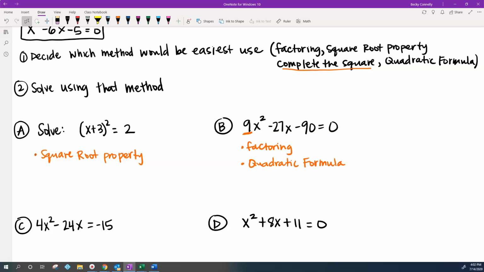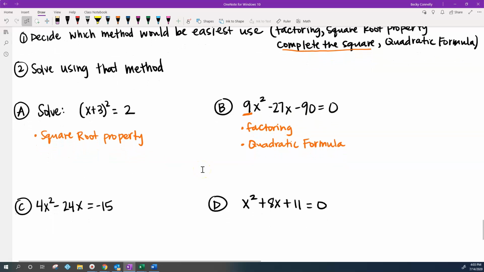And so you're actually going to talk more about that in 1050, what you do with that. So that's why completing the square wouldn't be a good one for this one necessarily. I mean, once you factor out that 9, then you could do that, but that 9 still has to be figured into it. You can't just factor the 9 out and then complete the square on the other part. So that one could be a little bit trickier to do that way, since we haven't talked about that.